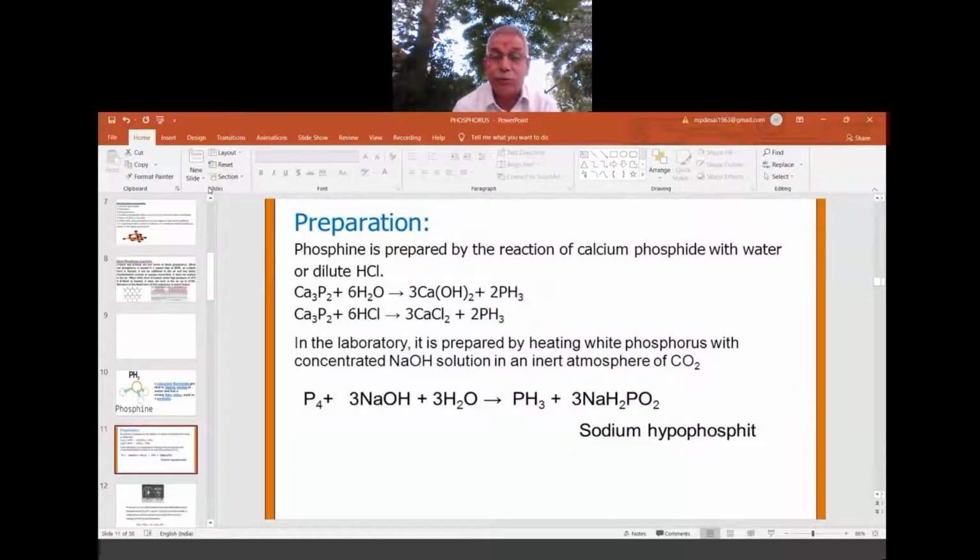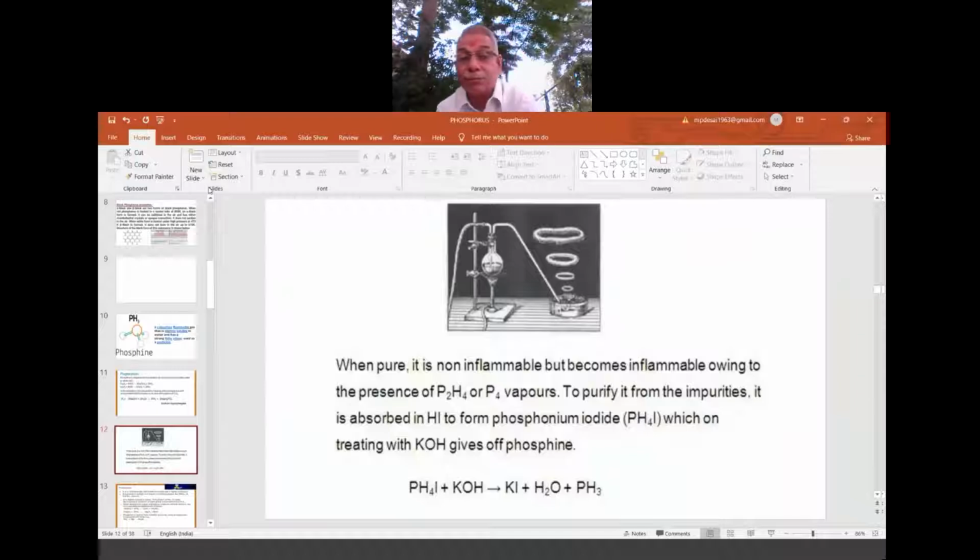So our next work is to go for purification. When it is pure, it is non-inflammable, but it becomes inflammable owing to the presence of P2H4 or P4. It is because of the impurities that it becomes highly inflammable. So for this, we have to purify by passing this PH3 into KOH. First HI, so that PH3 becomes PH4I, just as NH3 becomes NH4I.